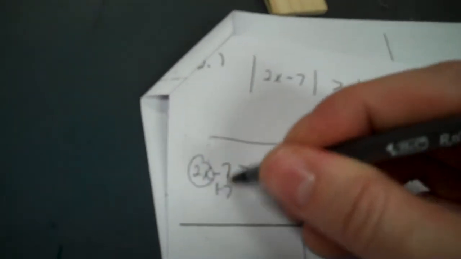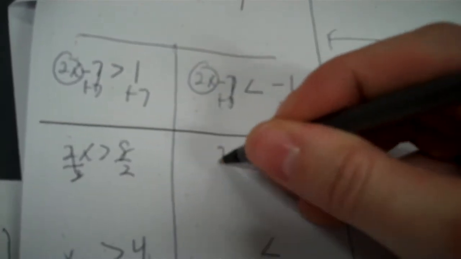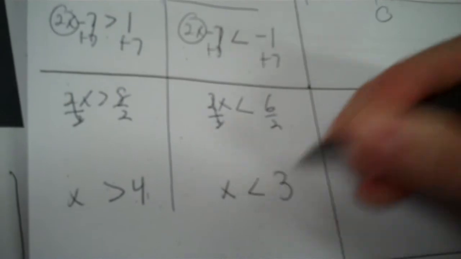First we got to add 7. So that's 8. Divide by 2, that's x, 4. That's 6. Divide by 2, I've got x, 3. Okay, so 3 and 4, those are going to be pretty close together. That's all right.